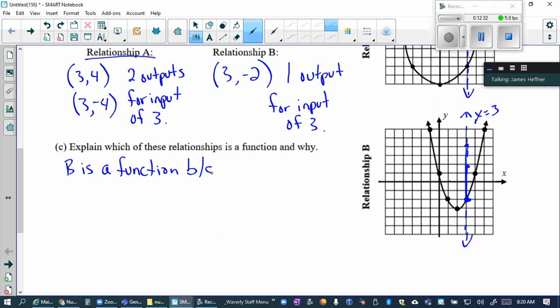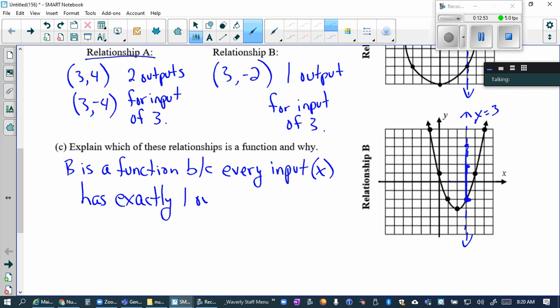Every input has what? One output. There we go. Every input, or X value, has exactly 1 output, right by the definition.